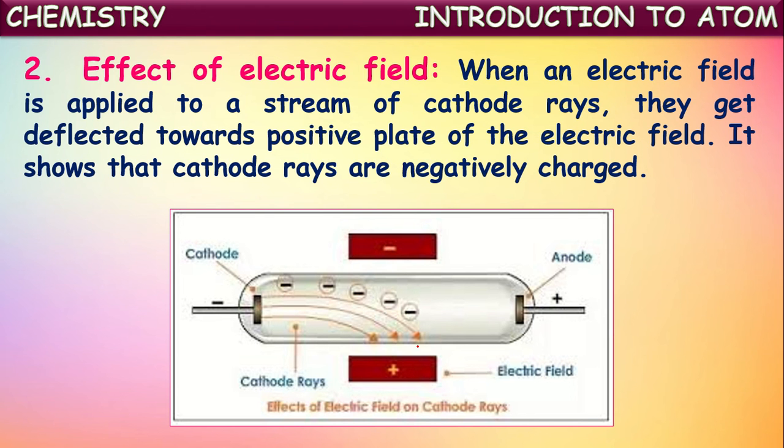So it shows that cathode rays are negatively charged. We know opposite charges attract. Here, these cathode rays are attracted towards the positive electrode. This indicates these cathode rays consist of negatively charged particles. This proves cathode rays are negatively charged.